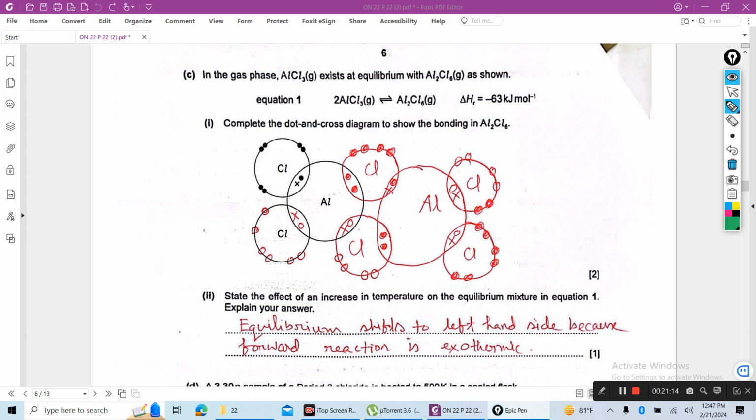One chlorine atom forms one dative bond to one aluminum atom, and similarly this chlorine atom gives 2 electrons to aluminum to form another dative bond. Chlorine has 6 electrons in its outer shell: this chlorine gives 2 electrons here, leaving 4. This is the dot and cross diagram of Al2Cl6. Here there are 2 dative bonds.